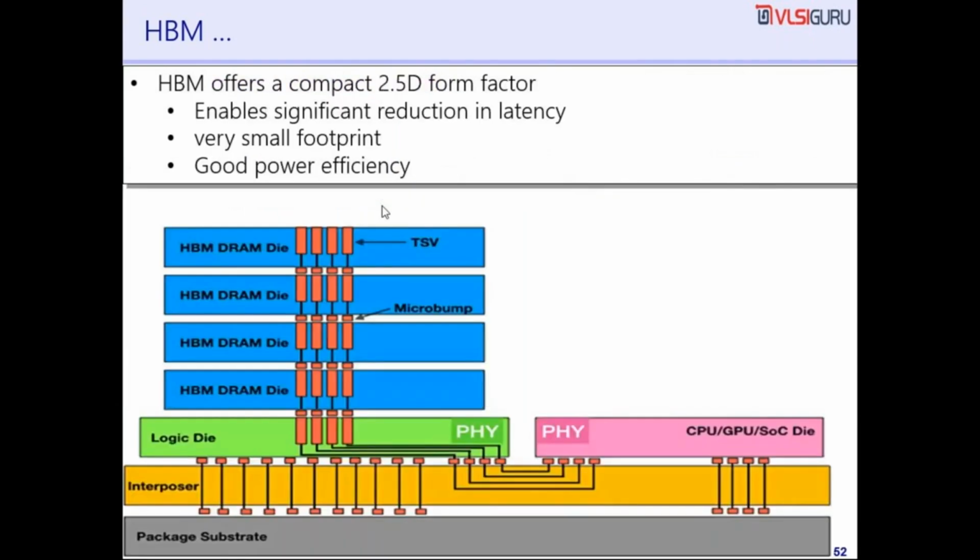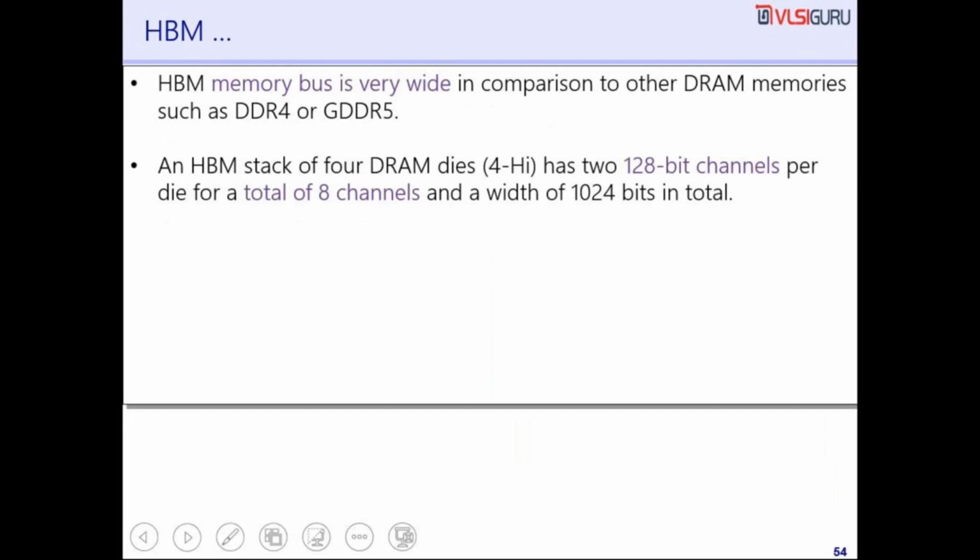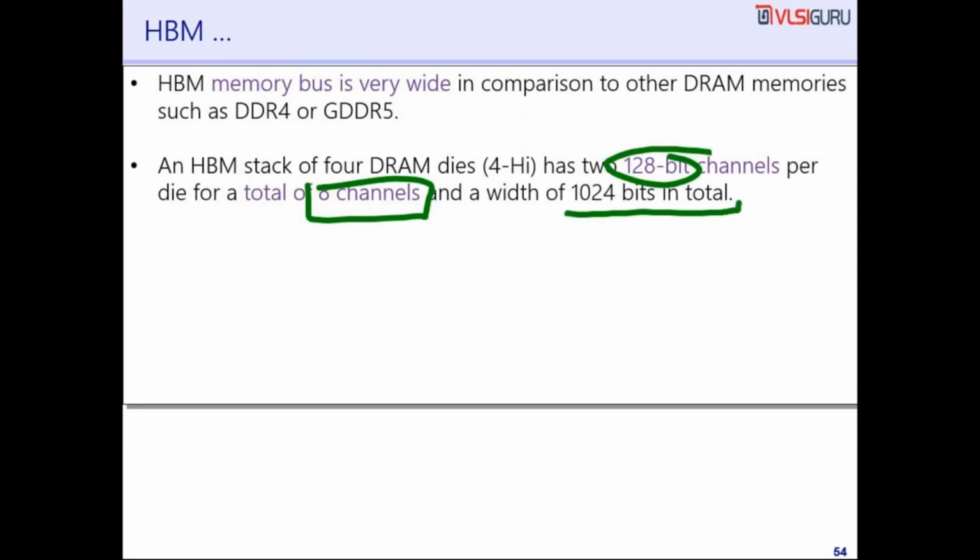How do the 8 channels come into the picture? Two channels here, two channels each of them, totally 8 channels. Each channel is 128-bit, and 8 channels give 1024 bits in total. So this is for one HBM device.